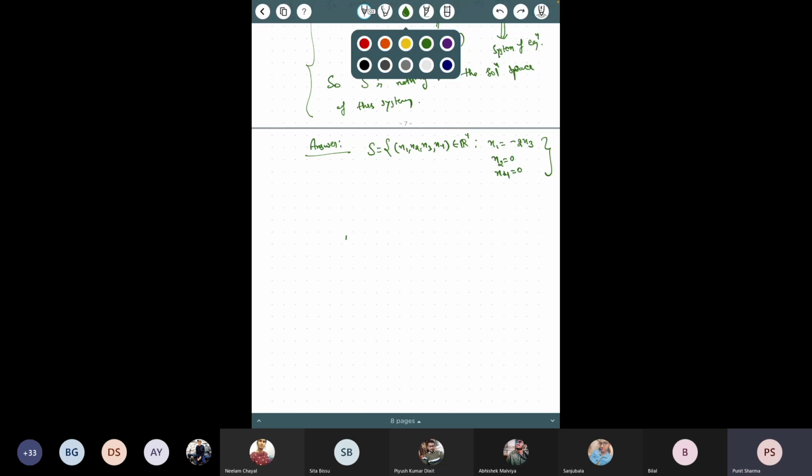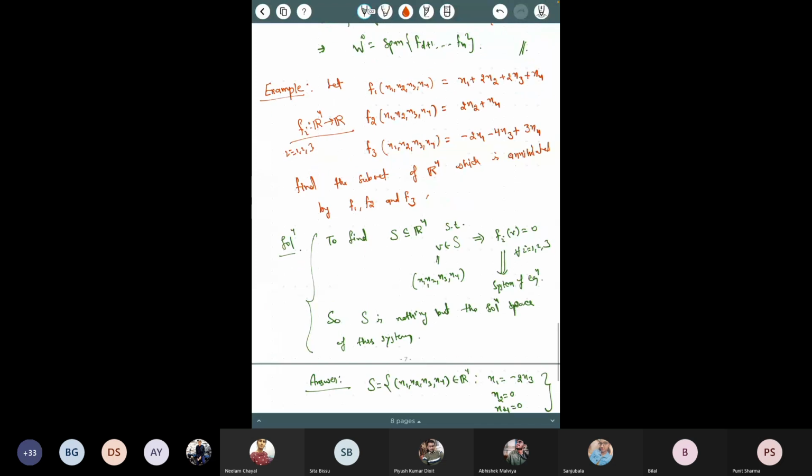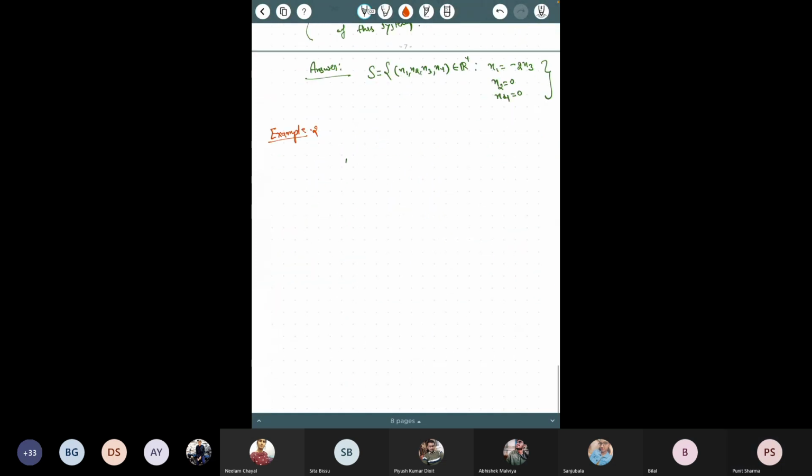So what I'm saying is the following. Now let us consider this example. This is example 1, so this is example 2. Suppose we have a subspace W, spanned by these vectors.